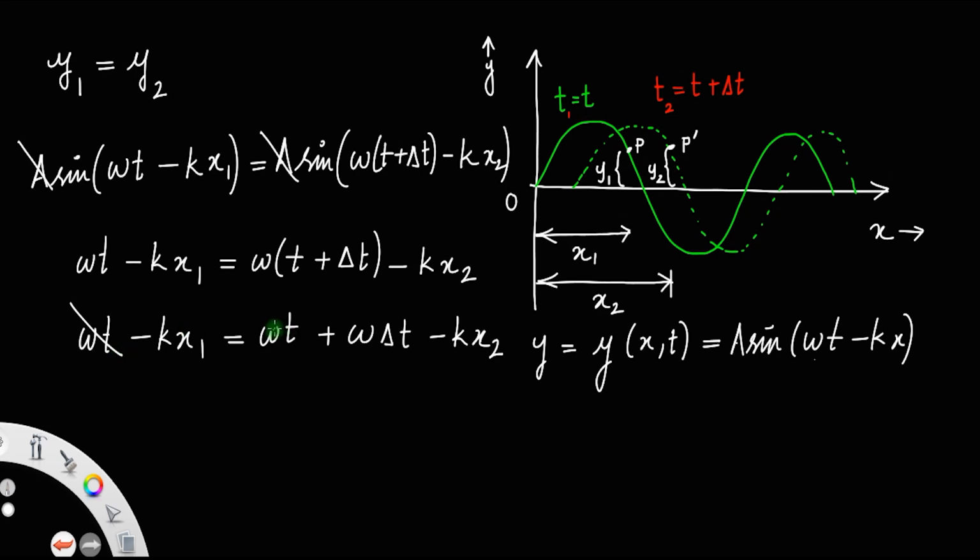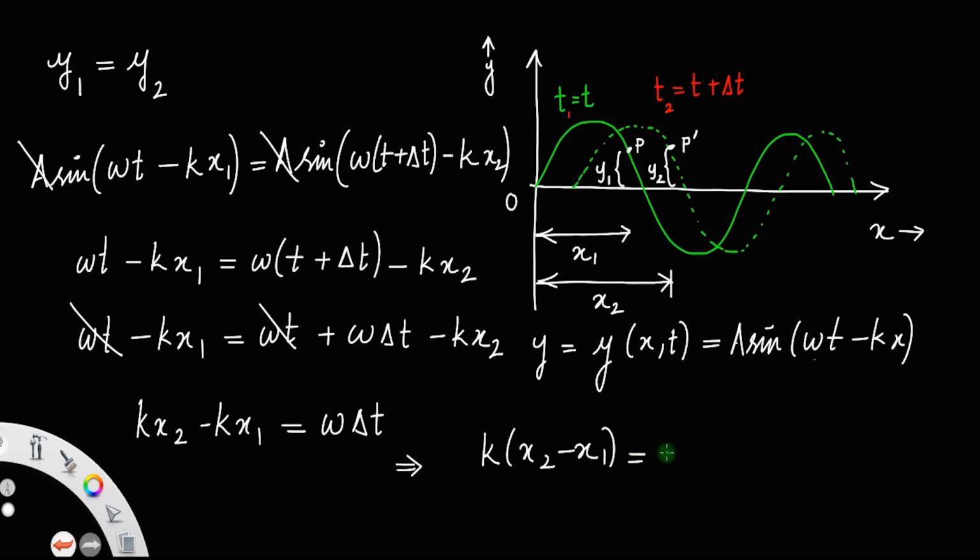You can cancel this one if you take this to the left. So k x2 minus k x1 is equal to omega delta t, implies k into x2 minus x1 is equal to omega delta t.